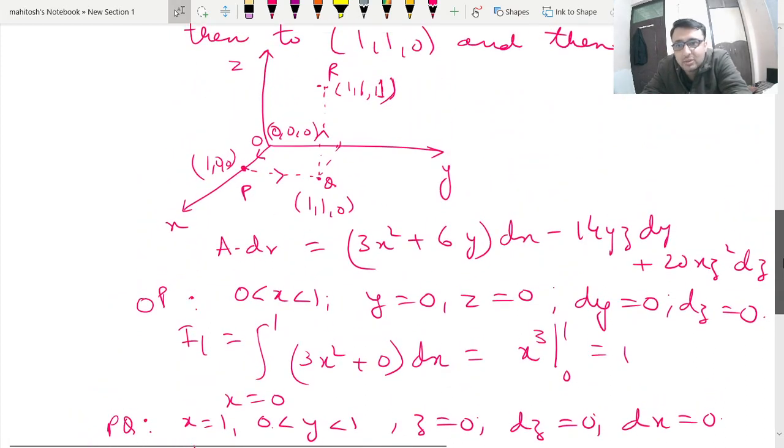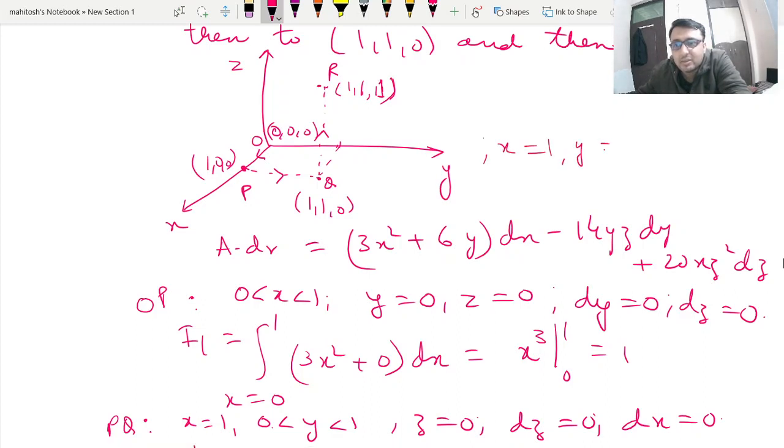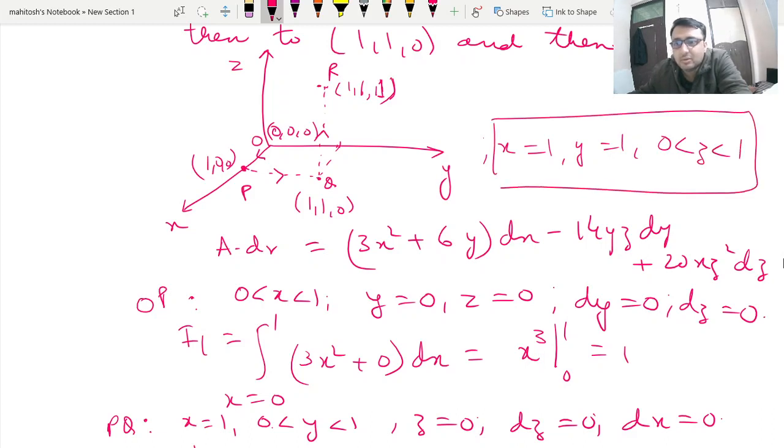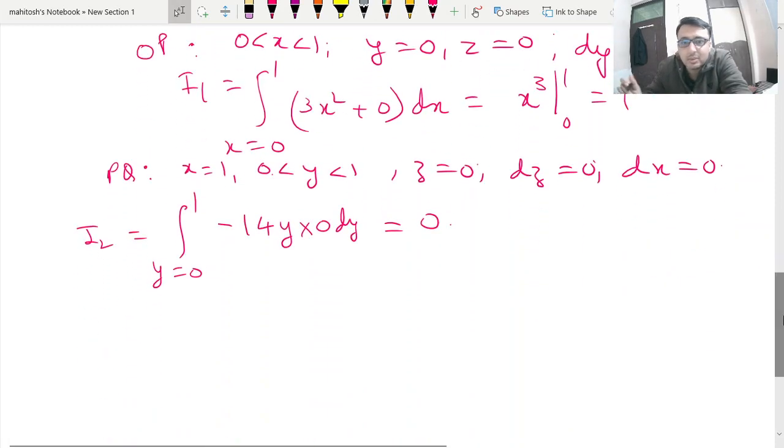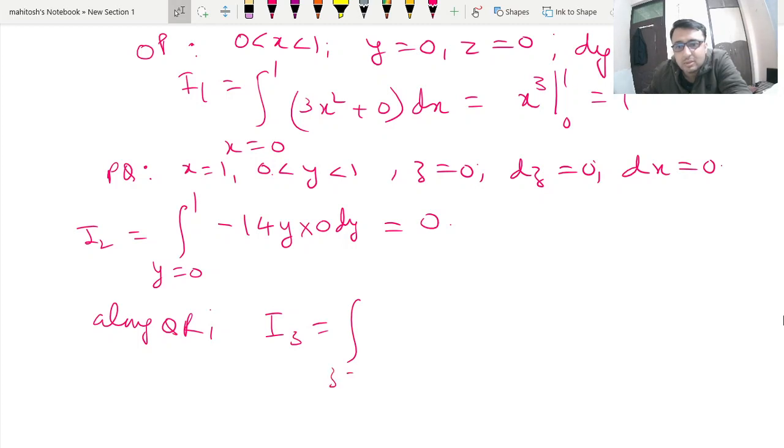Okay, along PQ we have done. Now the last part is along QR. Along QR you can see that x is equal to 1, y is equal to 1 and z runs from 0 to 1. So this can be written as z from 0 to 1, y is equal to 1, x is equal to 1.